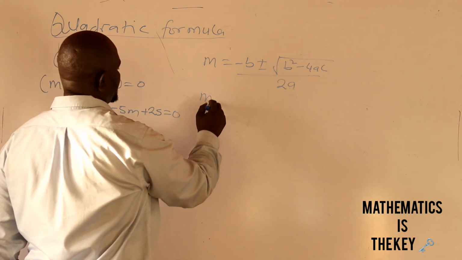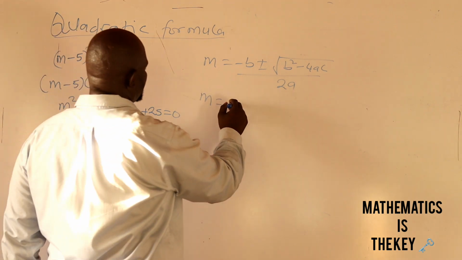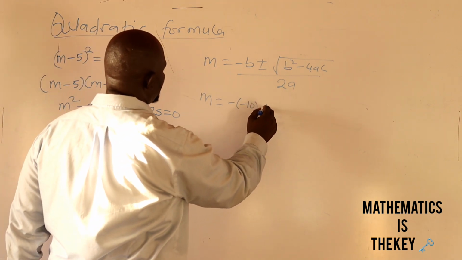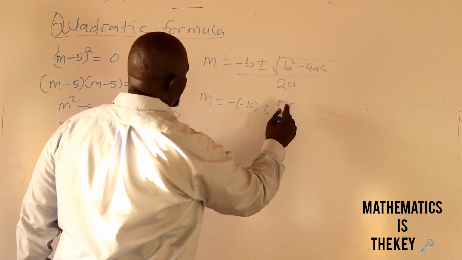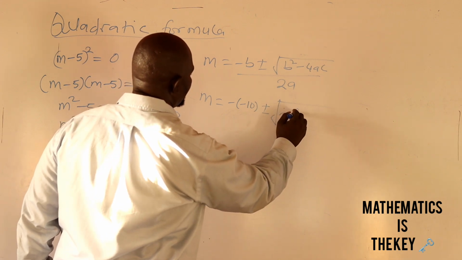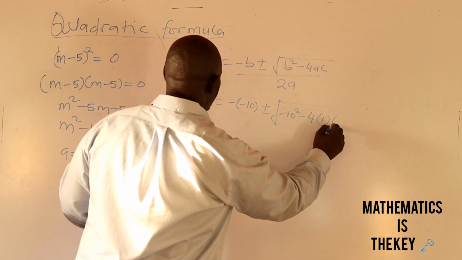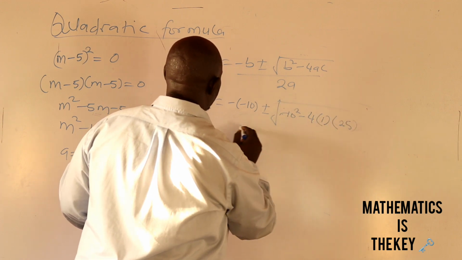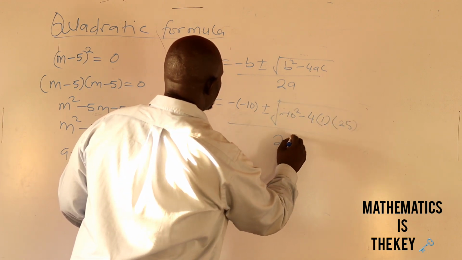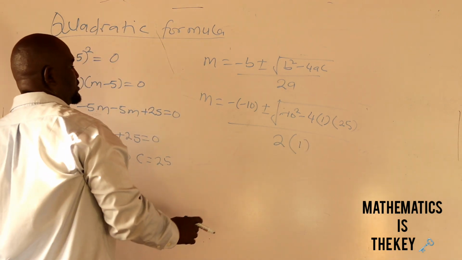So m is equal to, b is minus 10. So with this minus, we have minus minus 10 plus or minus square root of minus 10 squared minus 4 into a, which is 1, into c, and c is 25, all over 2 into bracket a, and the value of a is 1.